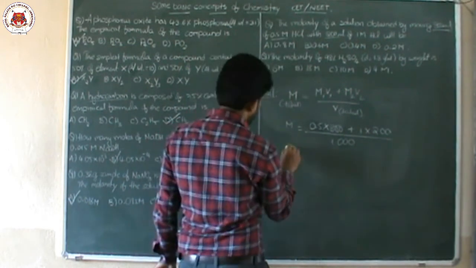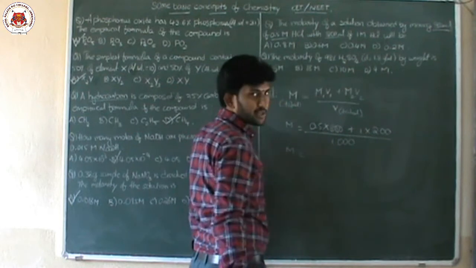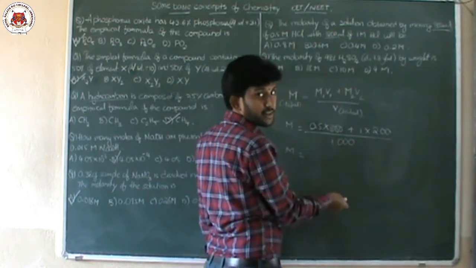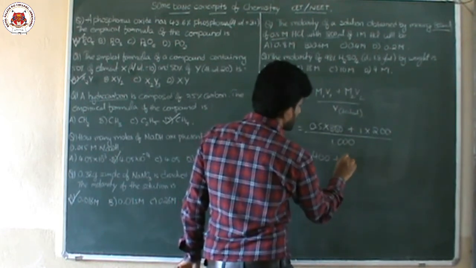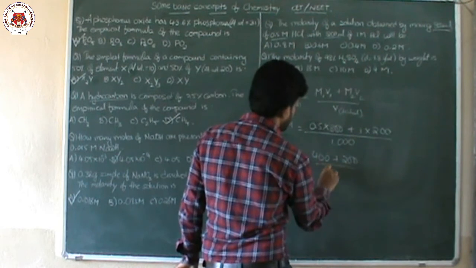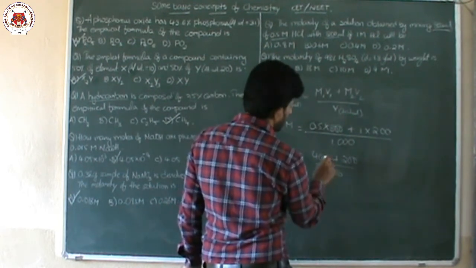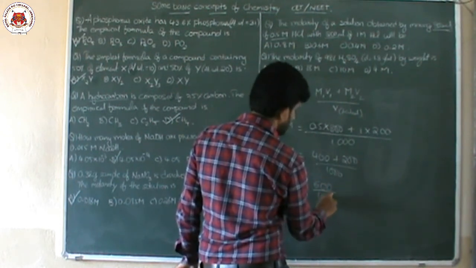Now molarity equals 0.5 into 800, which is 400, since 0.5 is half. So 400 plus 200 divided by 1000. 400 plus 200 is 600, and 600 by 1000 is 0.6.